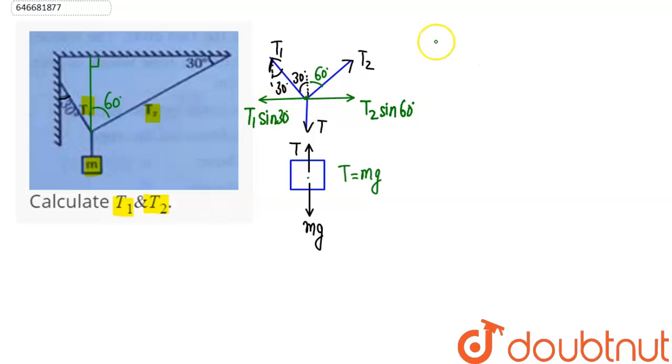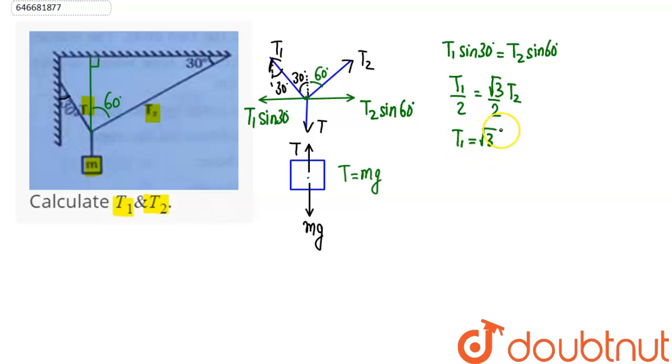Since the system is in equilibrium, T1 sine 30 degree must be equal to T2 sine of 60 degree. Sine 30 is 1 upon 2 and sine 60 is root 3 upon 2. Hence we have the value of T1 as root 3 into T2.